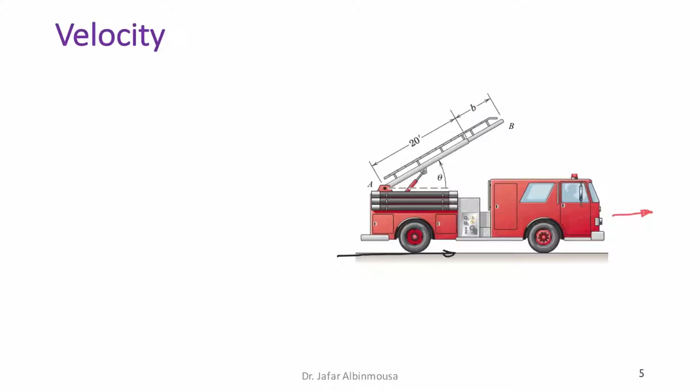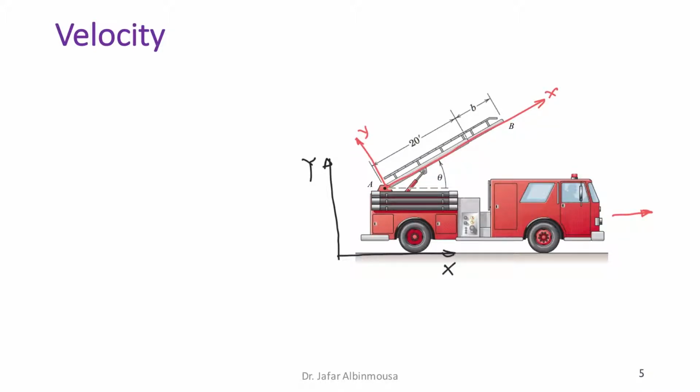So let's say that this is capital X and this is capital Y. We will also establish the local coordinate system at point A, so this is a small x and this is small y. Clearly, the small coordinate system is translating with the truck as the truck is moving to the right, and at the same time, as theta is increasing, this coordinate system is rotating.